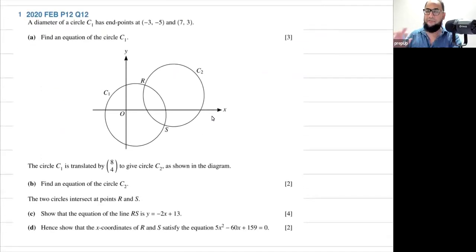Now let's look at the first question. Look at it very closely and then I'll get started. I want you to think, read, and then I'll get started with this. I'll just highlight things for myself.